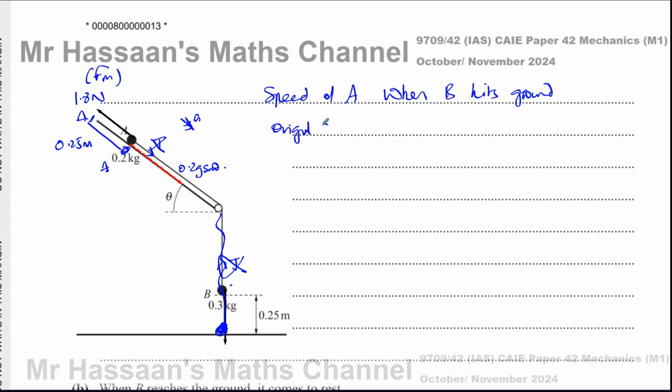Using SUVAT: it's moved 0.25 meters. Its initial speed was 0. Its final speed is what we want to find. The acceleration was 4.8 meters per second squared. And the time it took, we don't know.